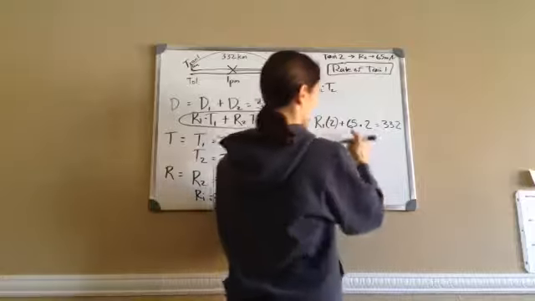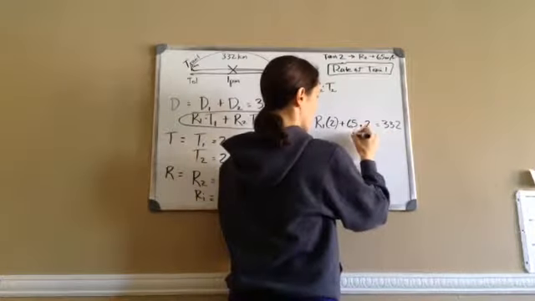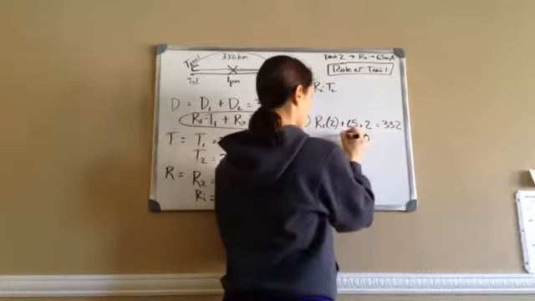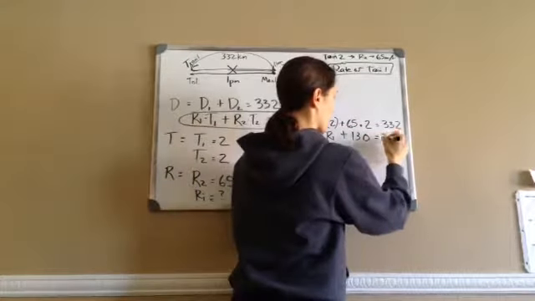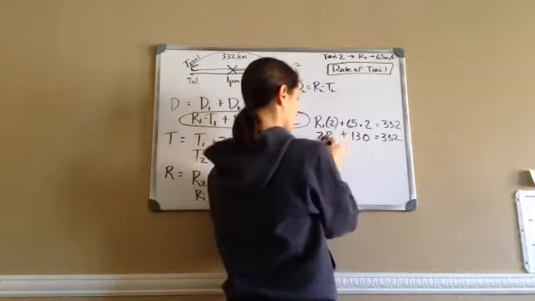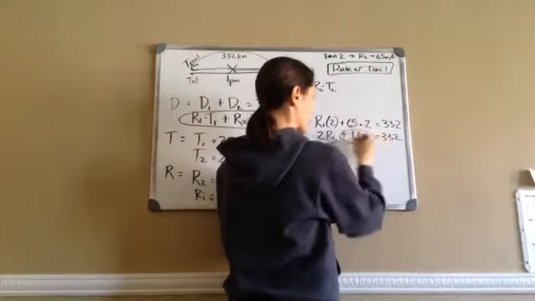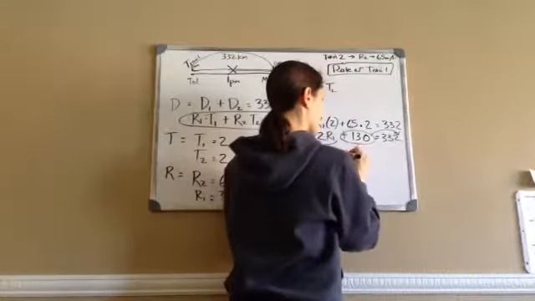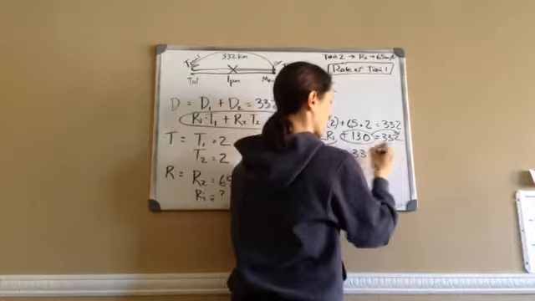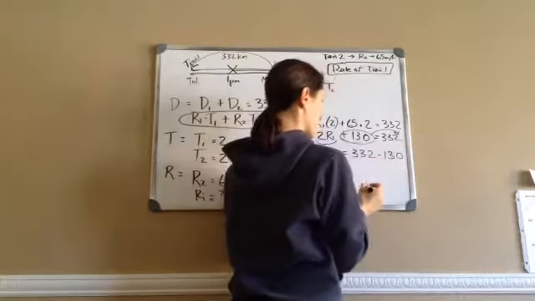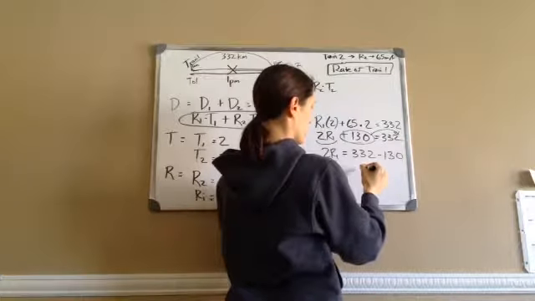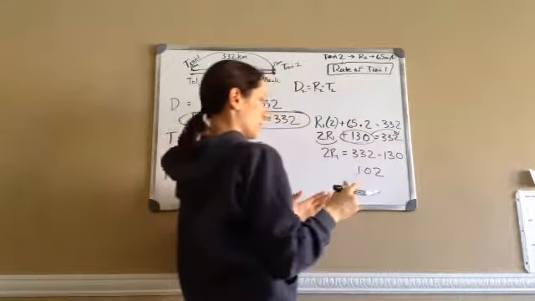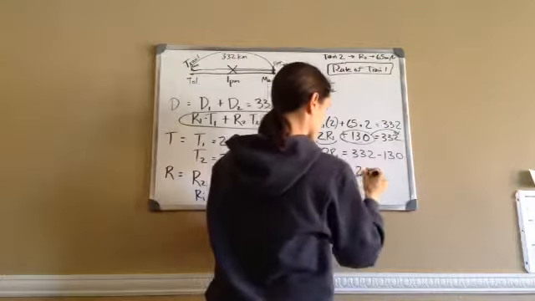So let's do that. 65 times 2 is 130 plus 2R1. I just rewrote that. Equals 332. Then I'm going to get this on one side, and this 130 over on the other side, so it minuses it, which ends up giving us 202. Yeah.